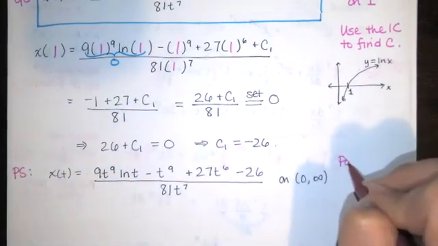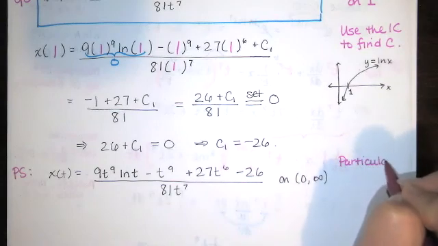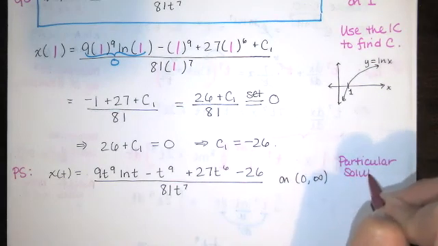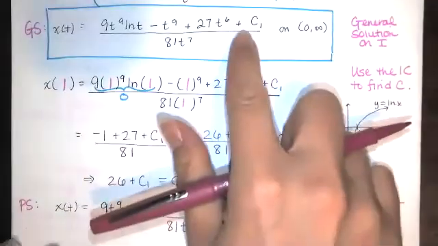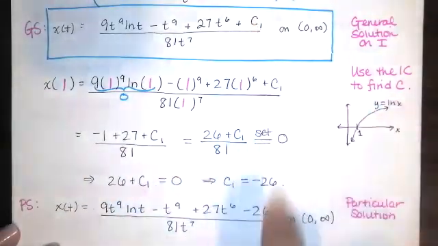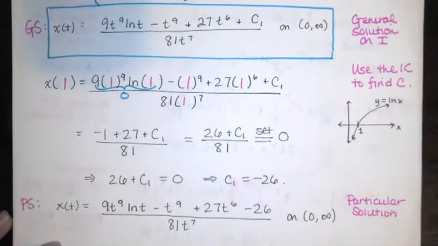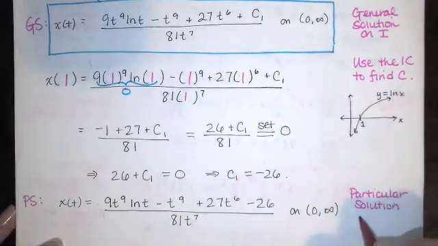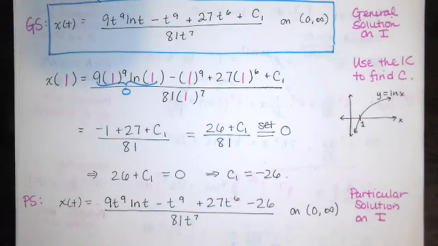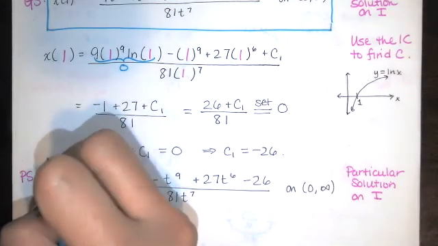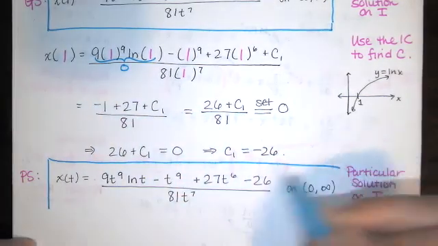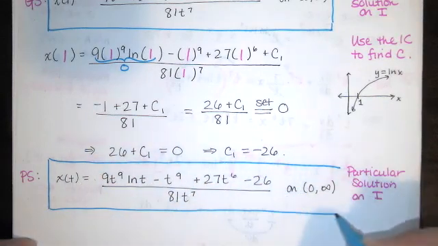So you've got to substitute that value of c that you just found into the general solution. So here's my general solution. I just replace the c with the negative 26. And of course, you want to state your interval of existence I. So that is the solution that we're looking for.